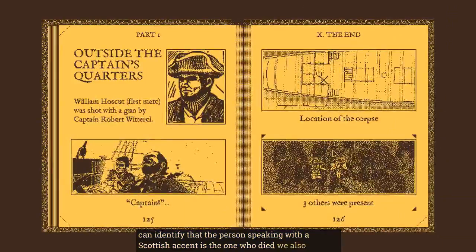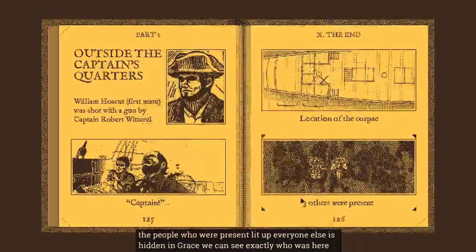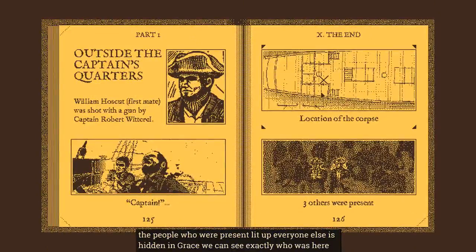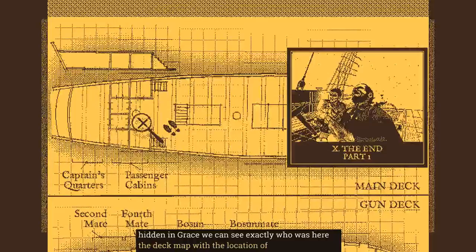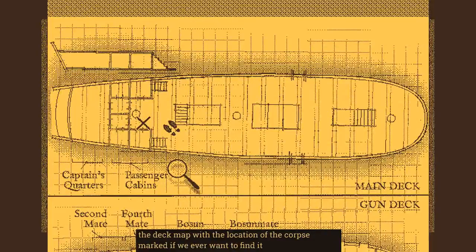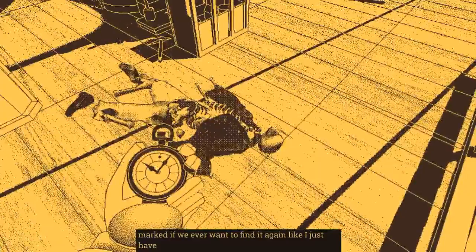We also have a version of the sketch, the crew sketch, with only the people who were present lit up. Everyone else is hidden in gray, so we can see exactly who was here. And we have the deck map with the location of the corpse marked, if we ever want to find it again, like I just have.